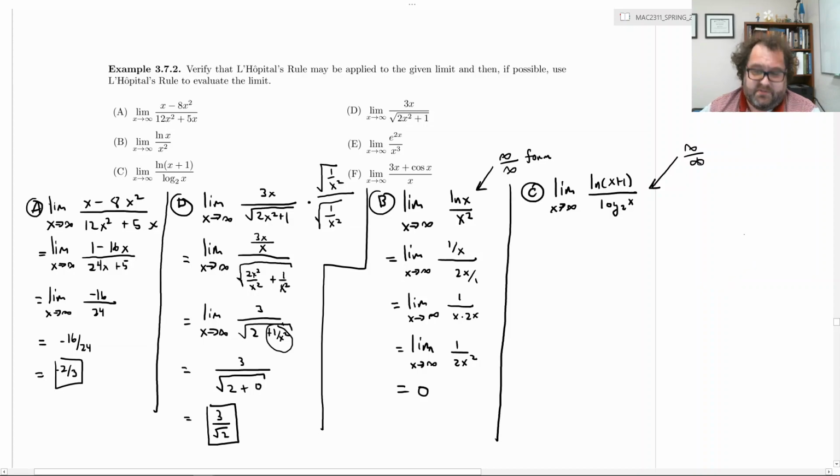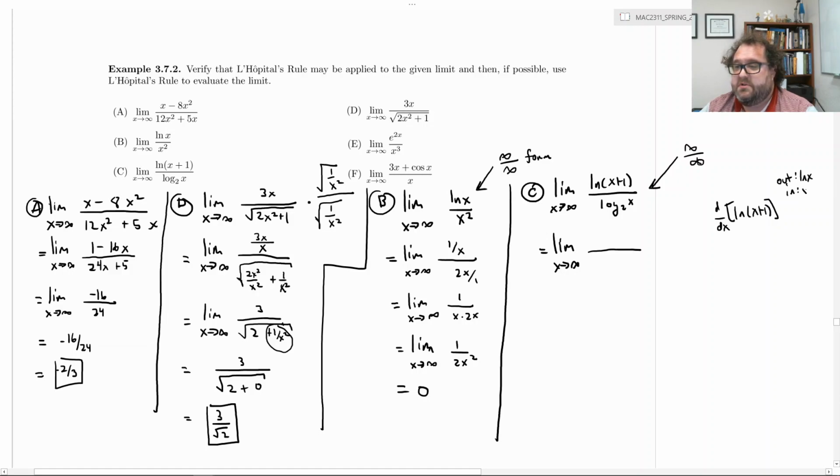So we can apply L'Hopital's rule, and we're going to then differentiate the numerator and denominator individually. So let's see. Well, the top is composite. Okay, chain rule time. So we have, let's do it up the side, the derivative of natural log of x plus 1. The outside function is natural log x.